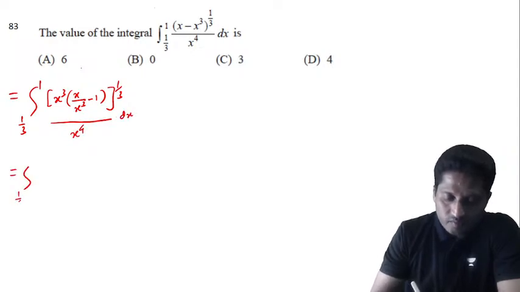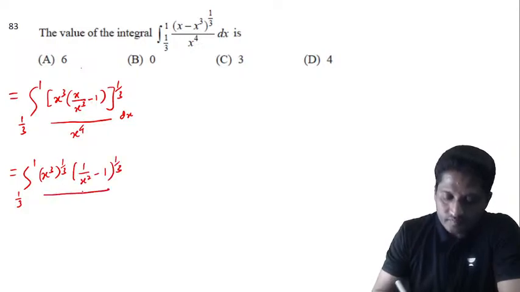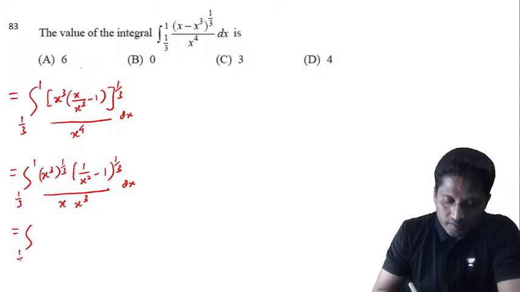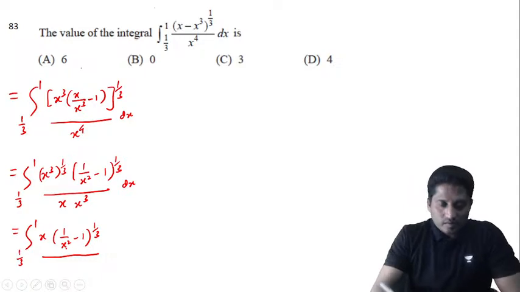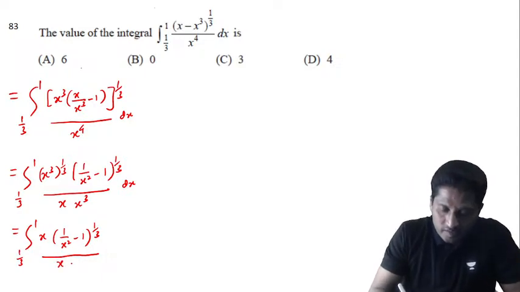This is 1 by 3 to 1, x cube whole to the power of 1 by 3 into (1 by x square minus 1) whole to the power of 1 by 3, whole divided by x into x cube dx. This is x into (1 by x square minus 1) whole power 1 by 3, and then x into x cube dx.